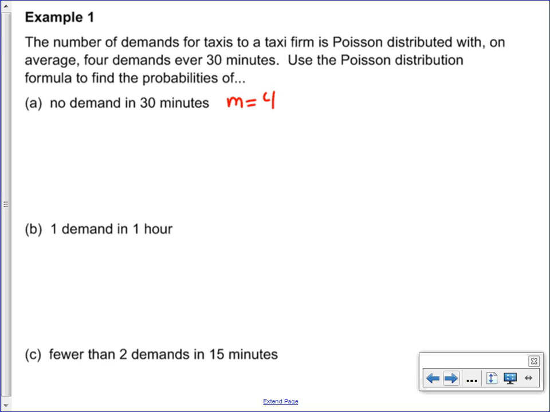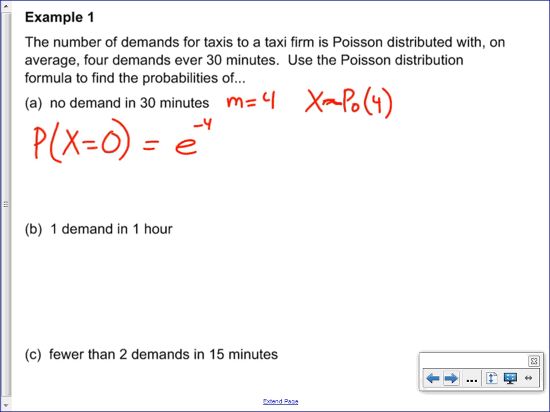And so this would have a Poisson distribution of 4. So if you're looking for the probability that x equals 0, then it would just be e to the negative 4 times 4 to the 0 over 0 factorial.